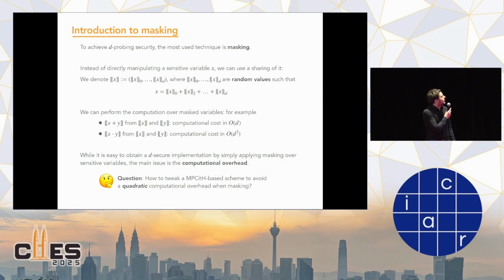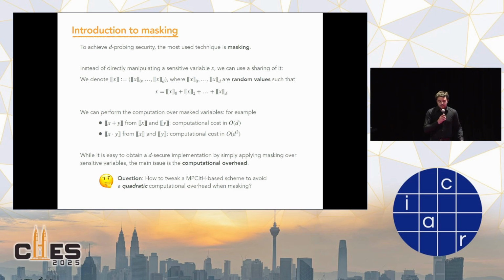I guess everyone knows it, but I will give some elements. Instead of manipulating sensitive data during the execution of the program, we rely on sharing of it. So we manipulate shares of the value, and shares are random values such that their sum is equal to the secret value.